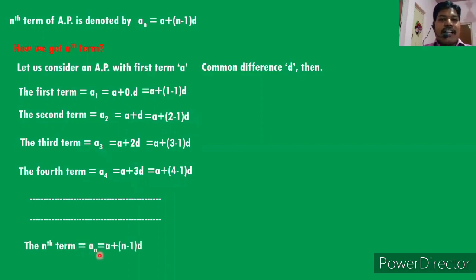An can be written as a plus n minus 1 into d. Do you understand, students? So the nth term of an AP is denoted by an is equal to a plus n minus 1 into d.